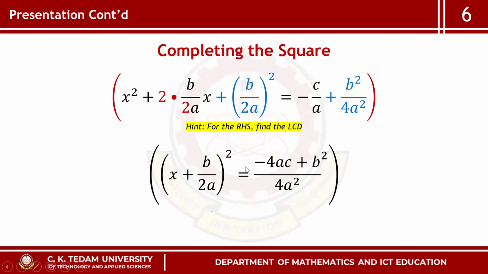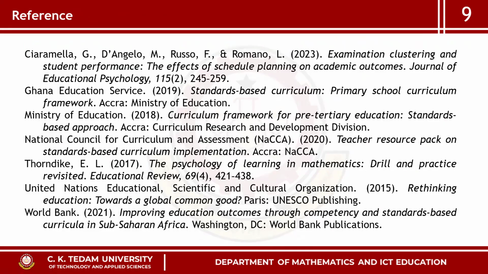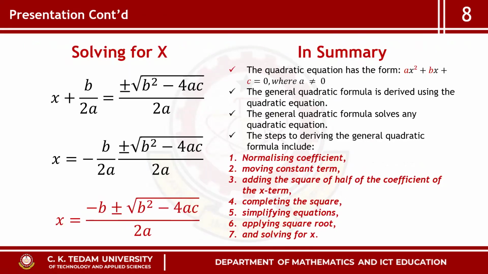And so in all, in summary, we are saying that the quadratic equation has the form ax squared plus bx plus c equals 0. And we are also saying that the general quadratic formula is derived using the quadratic equation.